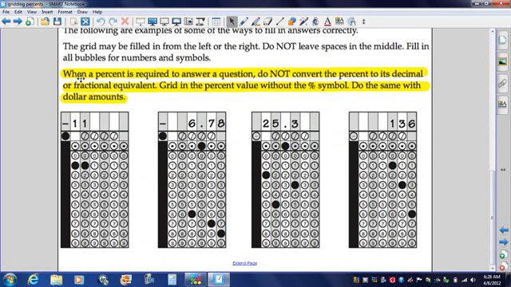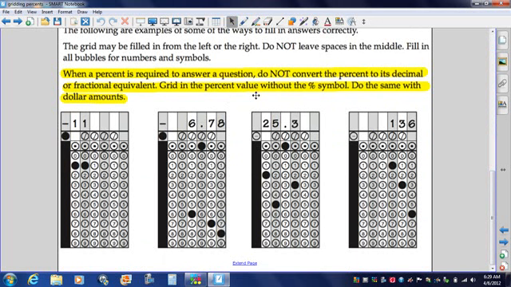Guys, right here on the screen, when you're gridding a percent, do not convert the percent to its decimal or fraction equivalent. So if they ask you for an answer as a percent, don't change it to a decimal, don't change it to a fraction. If they ask you for a percent, you're just going to grid the number in without the percent symbol.